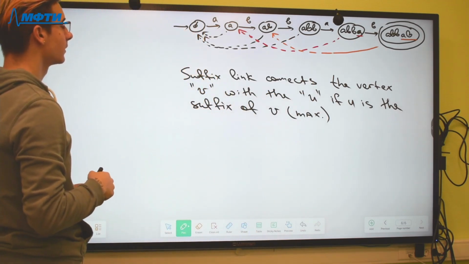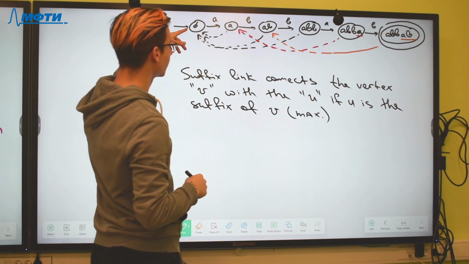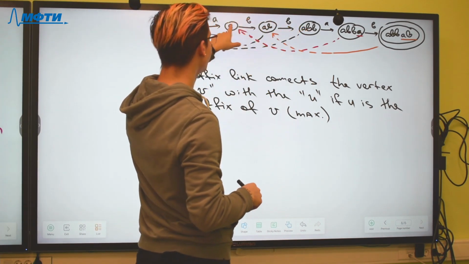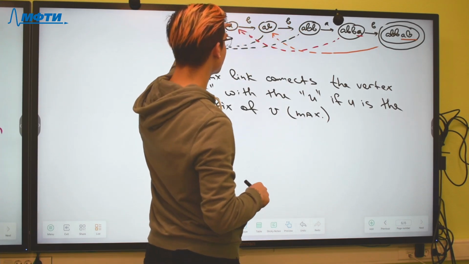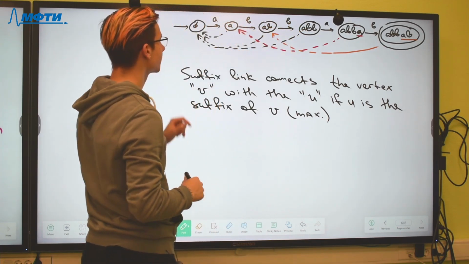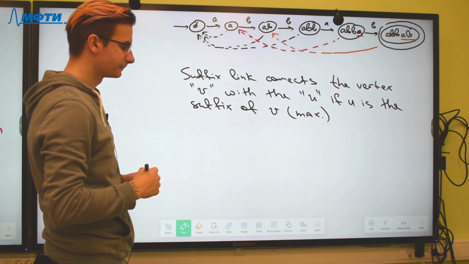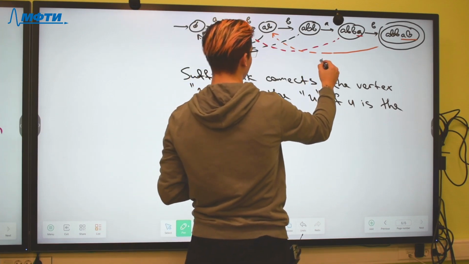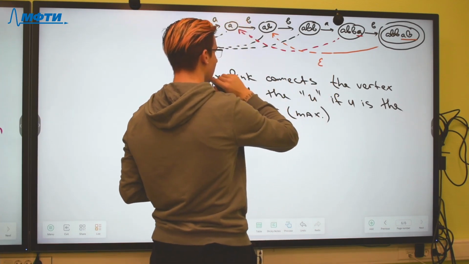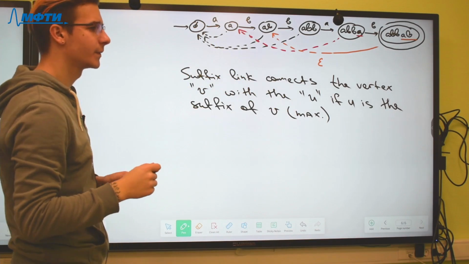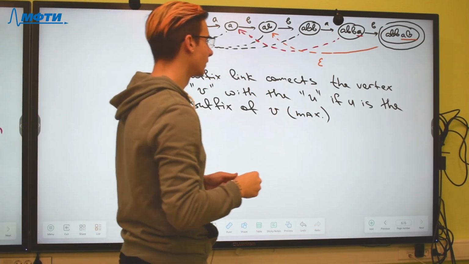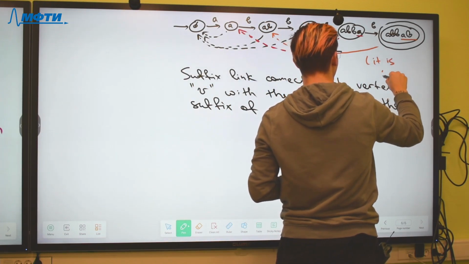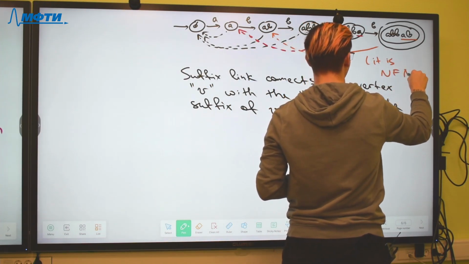And then we have a finite automaton with the edges with characters a, b, and the suffix links. In the common case, these links have an empty character, and it is one of the models of NFA. Of course, it is a non-deterministic finite automaton.